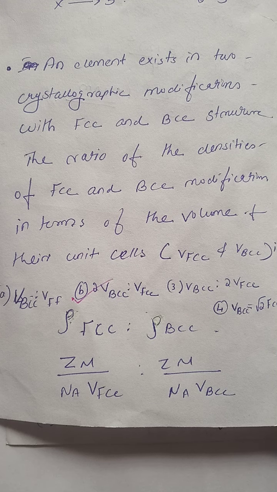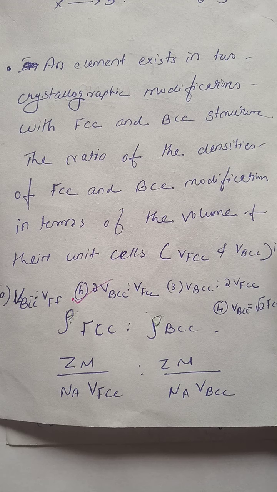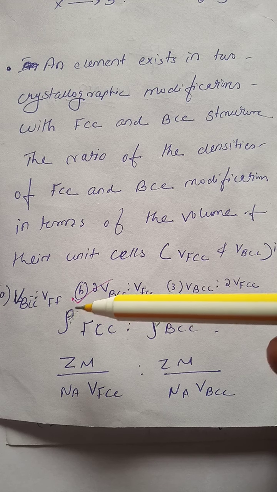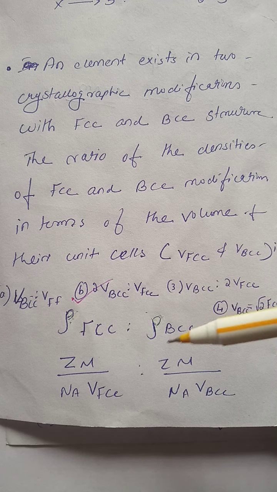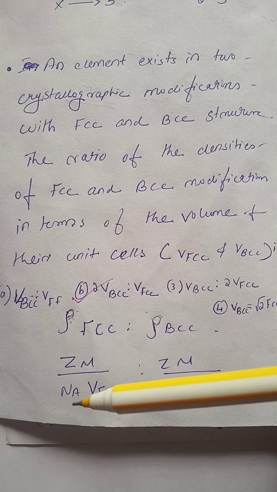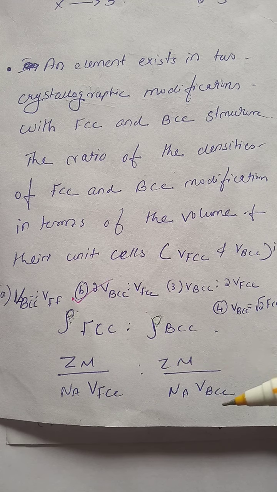Next question. An element exists in two crystallographic modifications with a FCC and BCC structure. The ratio of the densities of FCC and BCC modification in terms of the volume of their unit cell. So we have to find the ratio of densities in terms of volume of their unit cell. So first of all, density of FCC by density of BCC. So we have ZM by Na into volume of FCC, divided by ZM by Na into volume of BCC.